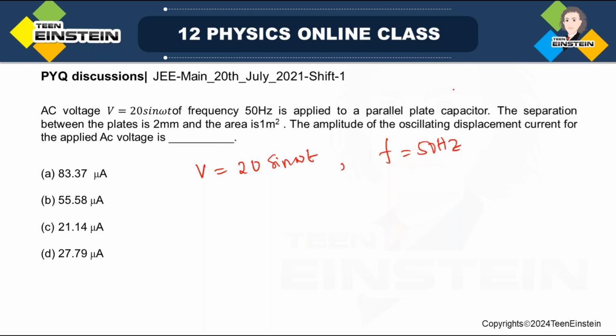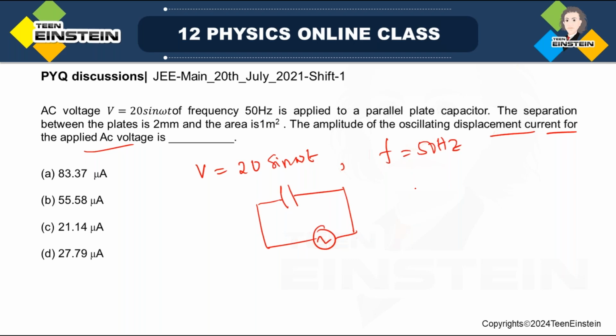The AC supply has frequency 50 hertz, is applied to a parallel plate. That means a capacitor. The separation between the plates is given. Area is given. The amplitude of the oscillating displacement current for the AC voltage is.